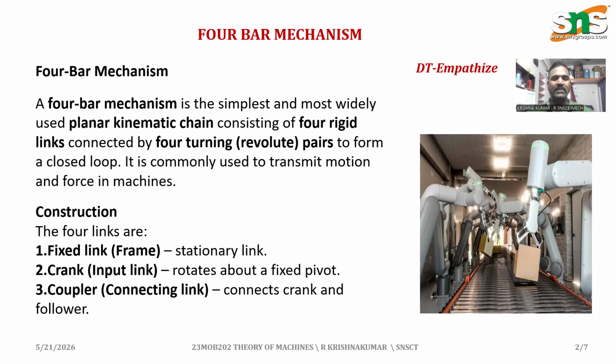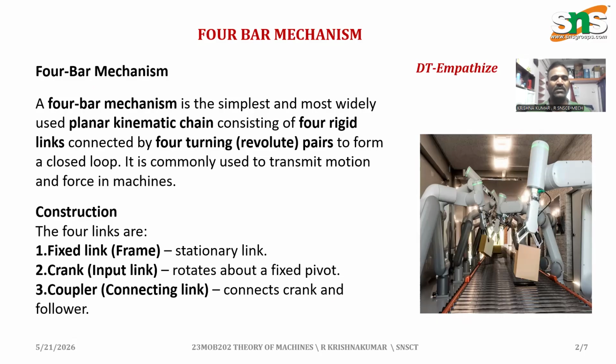A 4-bar mechanism is a simple and effective planar kinematic chain consisting of four rigid links connected by four turning revolute pairs to form a closed loop. It is commonly used to transmit motion and force.